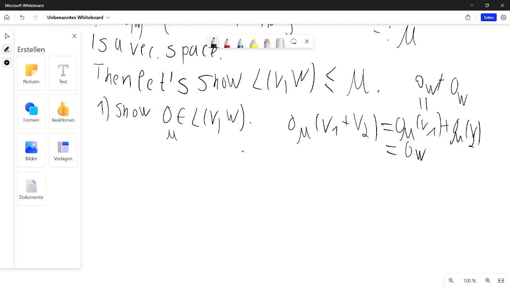And of course, same game here. This is just 0 in W, because that is a vector in V, and we apply that and we always get 0.